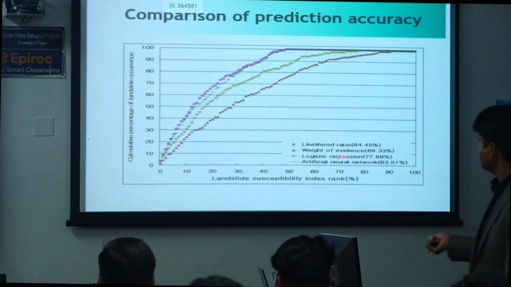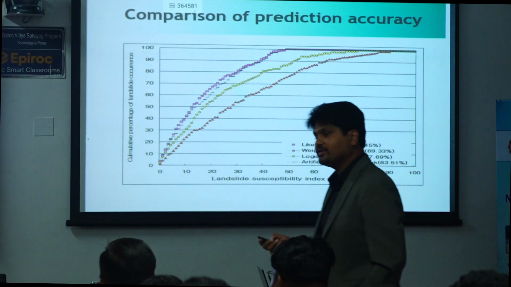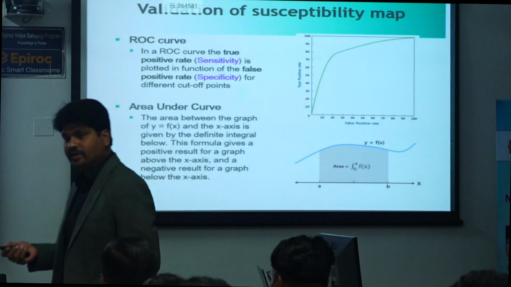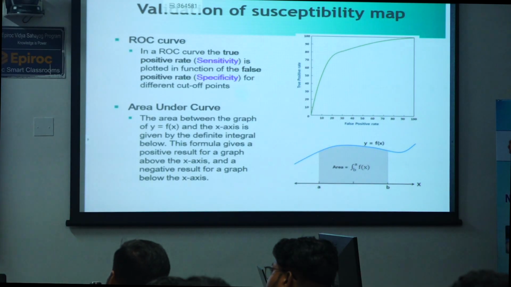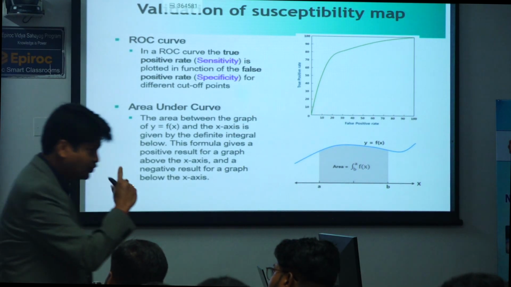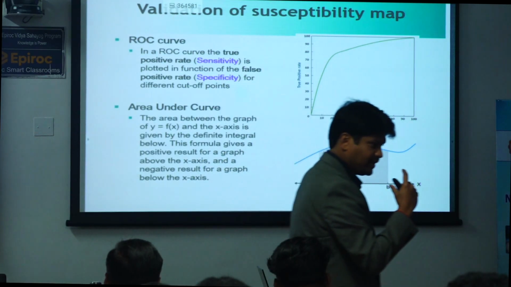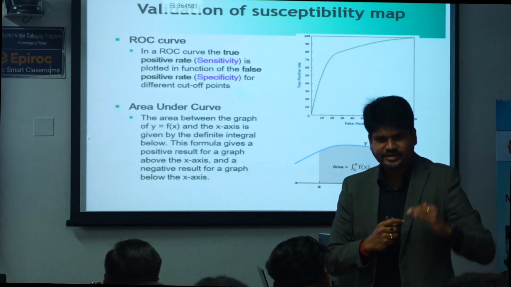Finally you get the graphs like this. Now, how do you do the area under the curve? Basically, you use your output map against the test data that you have left, that 30%, because that is the true indicator of the success rate, the prediction rate. So there are two graphs that you can produce here. One you can produce as a success rate, another one is prediction rate.